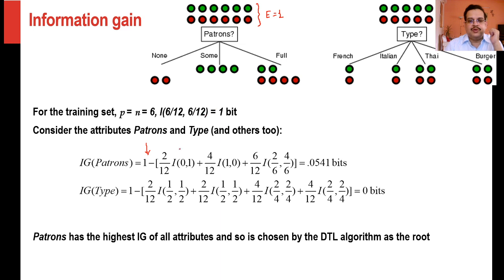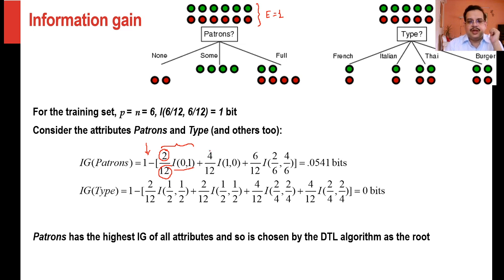Then when I look at the 3 branches, this corresponds to the left branch, where I have 2 samples out of 12, so the weighting factor is 2 by 12, and I then compute the information I(0,1), that is the entropy corresponding to 0 yeses and 1 no.